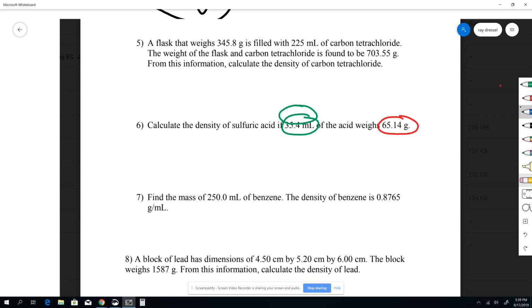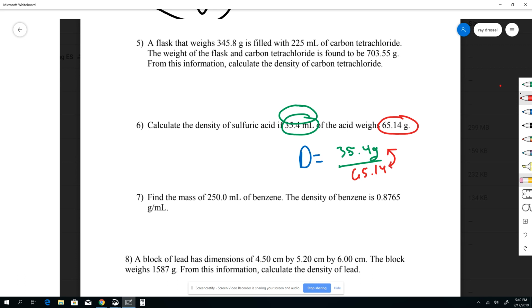So our density is just going to be equal to the mass divided by the volume. Whoops, I did that backwards.